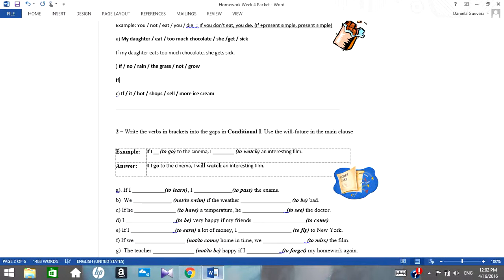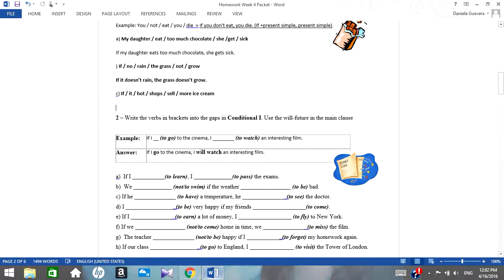So if it, and how do we express the negative form in the present simple? Remember, we have to use does. So if it doesn't rain, the grass doesn't grow. So both of my verbs are in the present simple tense.